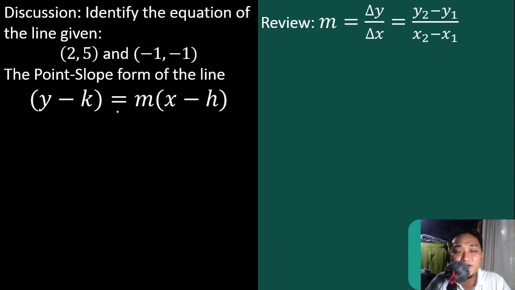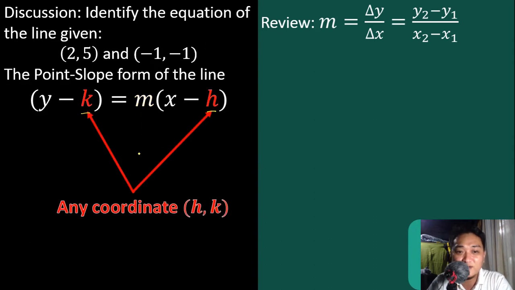Now, another precaution in using this point slope form of the line, baka po magkabaliktad si h at saka si k. Remember, the coordinate is hk. Si h, siya yung pinaka-x. Si k, siya yung pinaka-y. Tapos, si h, dun siya ilalagay. Ayan, dun siya ilalagay.